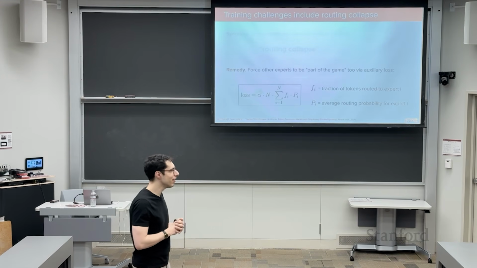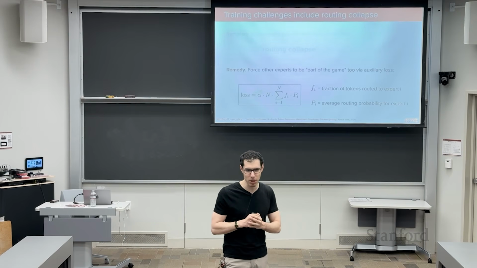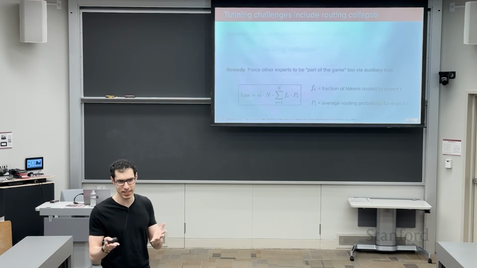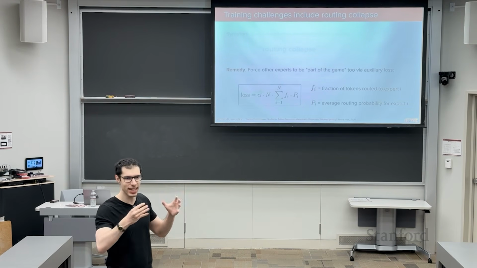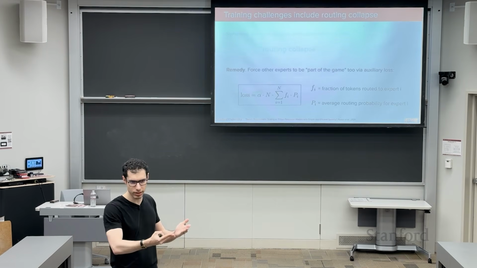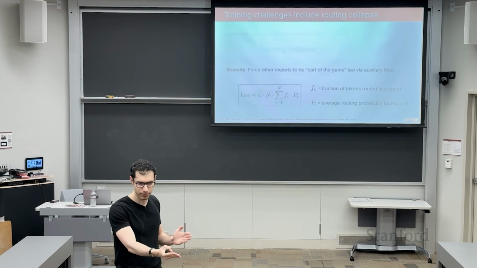So the question is, if we increase the number of experts, does it increase the number of model parameters? It's a great question. One of the ideas behind MoE-based models is that you can scale the model without incurring significantly more compute at inference time.